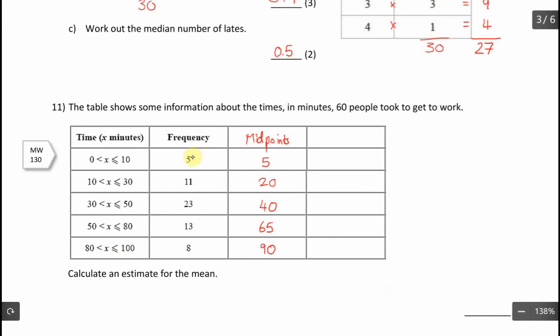We're then going to say that these 5 people took 5 minutes to get to work. So in total, that would be 5 times 5, 25 minutes to get to work. Okay, so I'm going to call this total minutes. You could just call it frequency times midpoint if you wanted. If 11 people took 20 minutes to get to work, that would be 220 minutes. 23 people took 40 minutes.